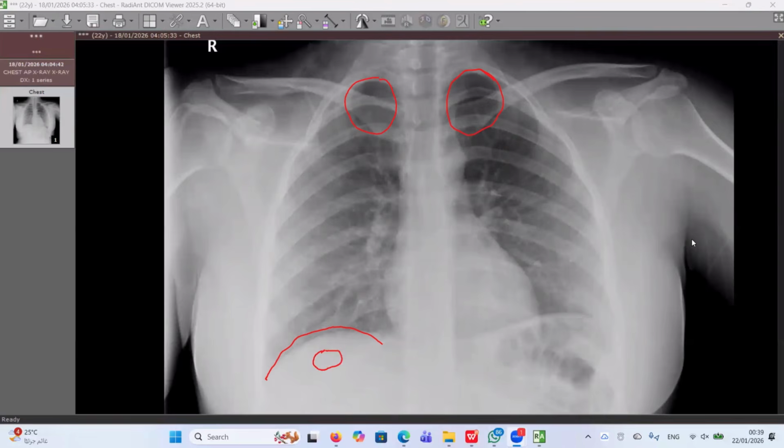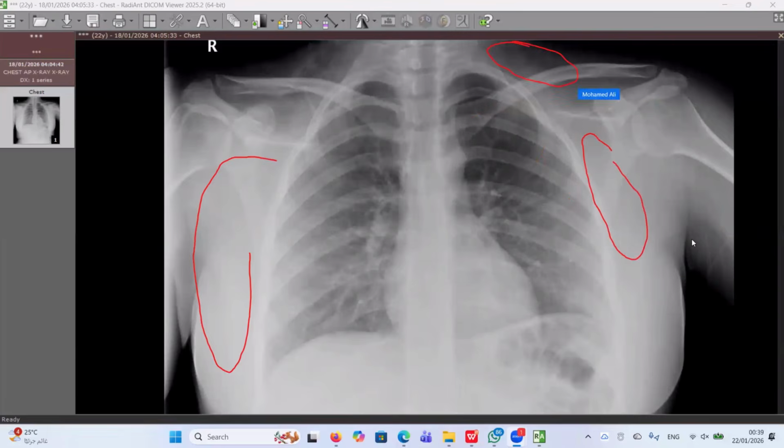It can be in front or behind the diaphragmatic copula. Then you should check the bony cage, the ribs, the clavicle, the humerus, the scapula. All the bony structures you should check. Then you can check the soft tissues, nodules, soft tissue tumefaction, or soft tissue swelling.